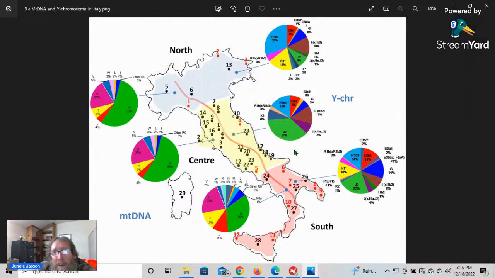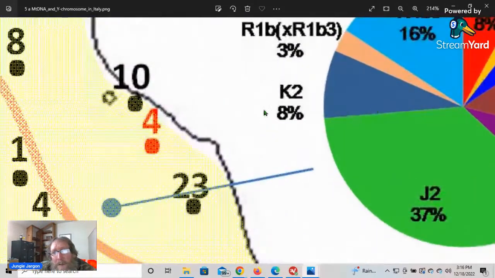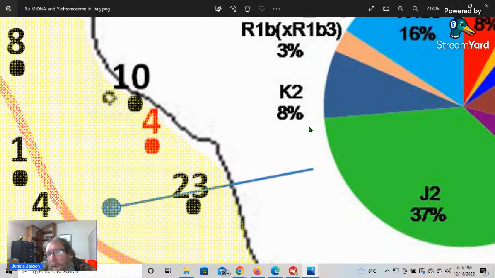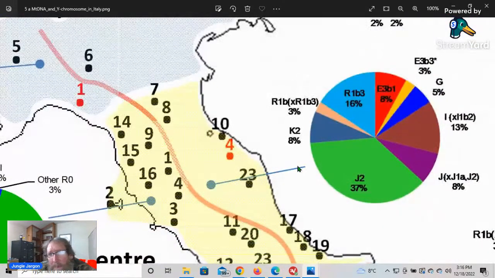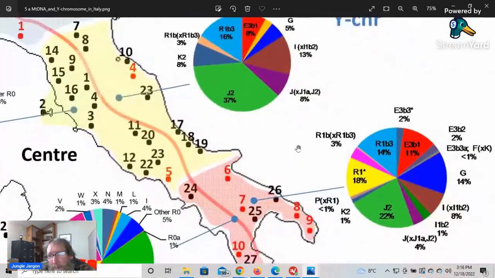Okay, this is always interesting to me, this K2 right here, because the original population of Italy was Tubal, and the K2, 8% is still in central Italy to this day. And even in southern Italy, there's K2 as well.